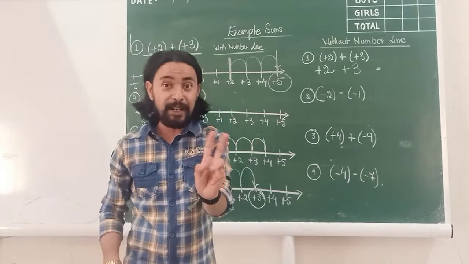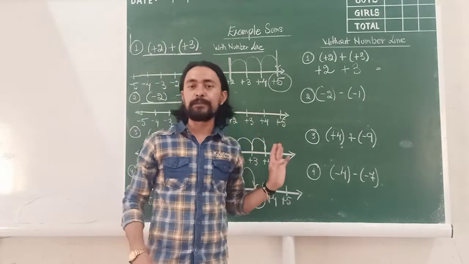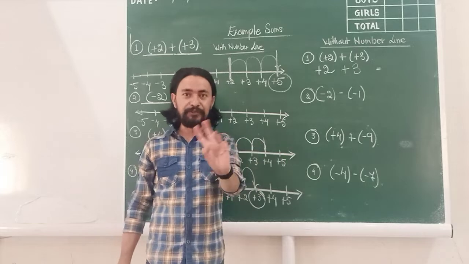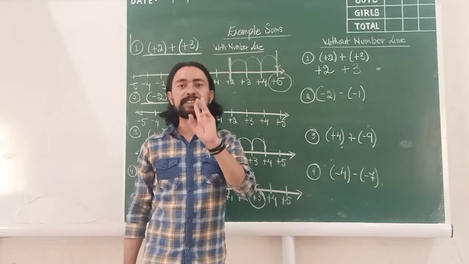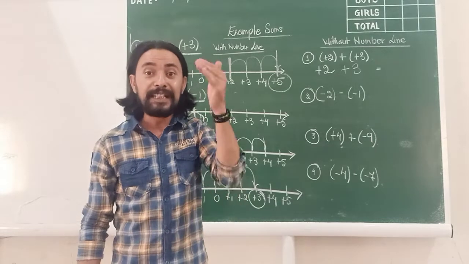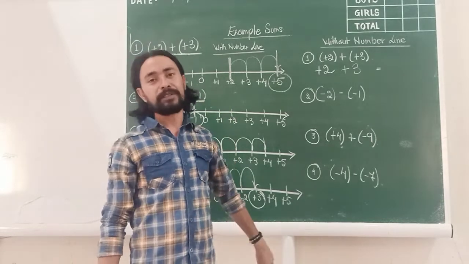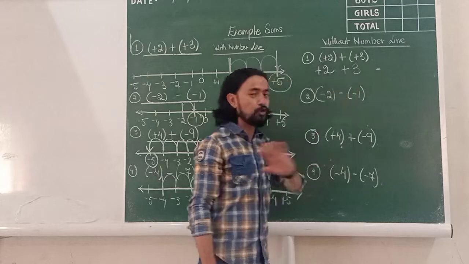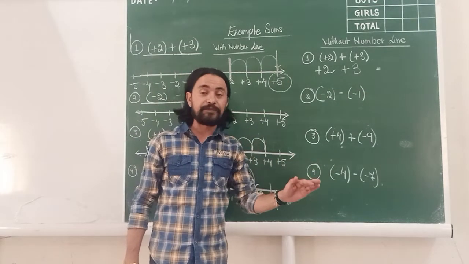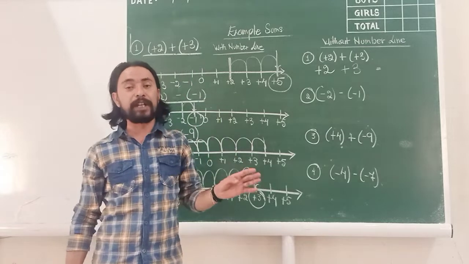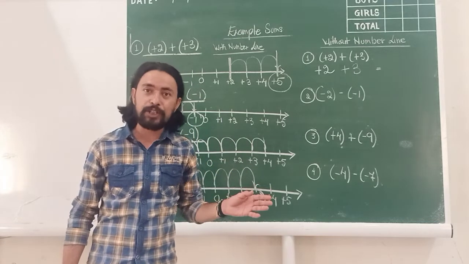If the signs are the same, add and put the same sign. If the signs are different, subtract. From the greater, take away the smaller, and put the sign of the greater number. These rules have to be learned by you. Now a plus 2 or plus 2, both are pluses, add. That is why I told you, by the end of the lesson your concept will change altogether. Then there is nothing as addition or subtraction.